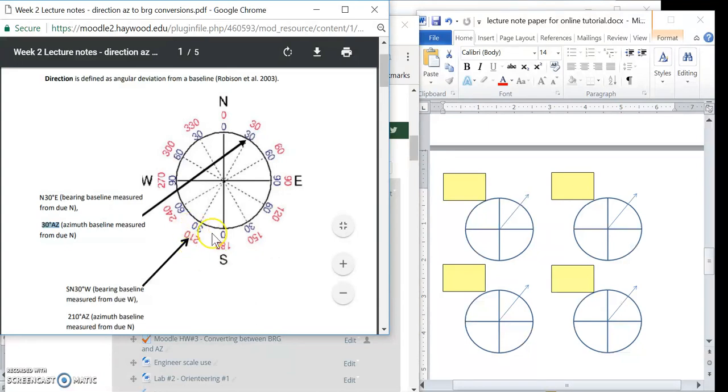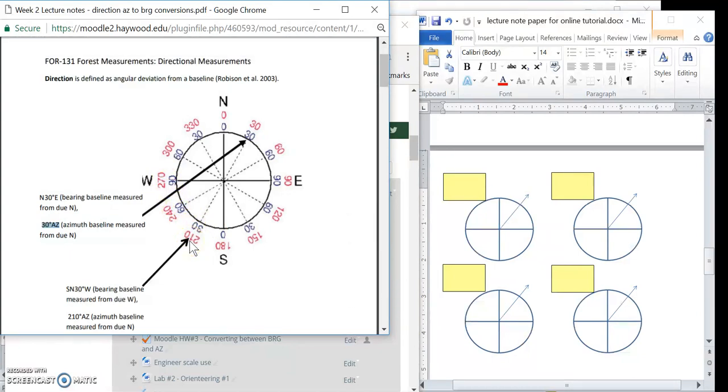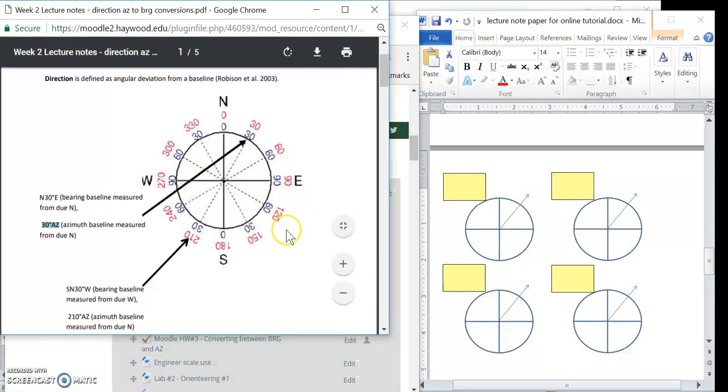Instead of south 30 degrees west for the bearing, this azimuth is 210 degrees azimuth. And then instead of north 30 degrees west, that azimuth is 330 degrees azimuth. So, kind of important things to remember.